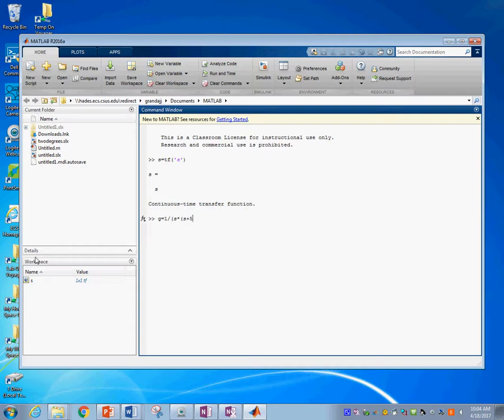Like that. And if you do that, you have this transfer function.